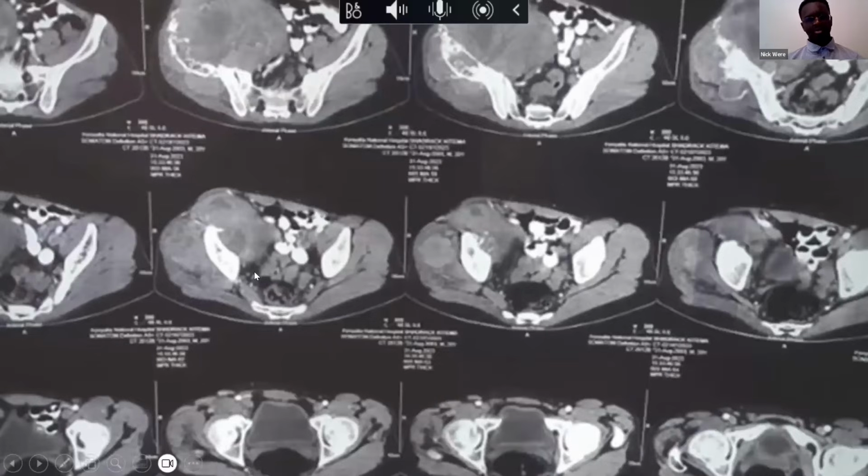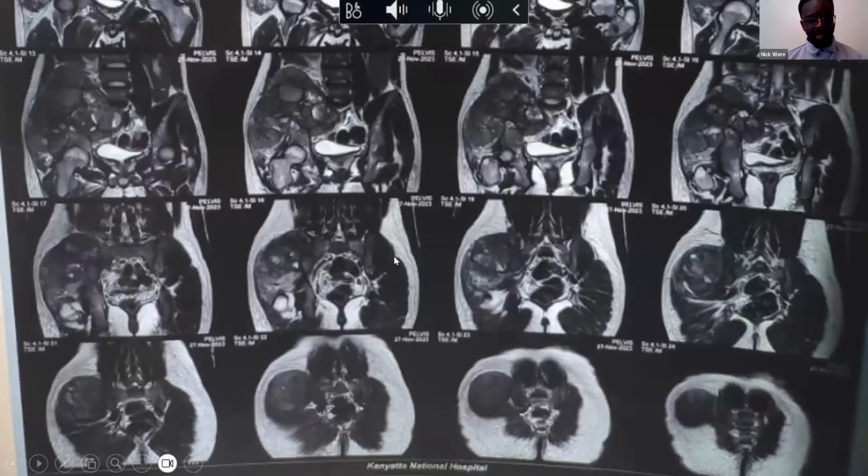Looking at the axial cuts as well, you're able to see it's both on the medial and lateral side with a significant soft tissue component. This is the MRI that shows the same, so you're able to appreciate this mass. And also there's a preservation of the right hip joint.